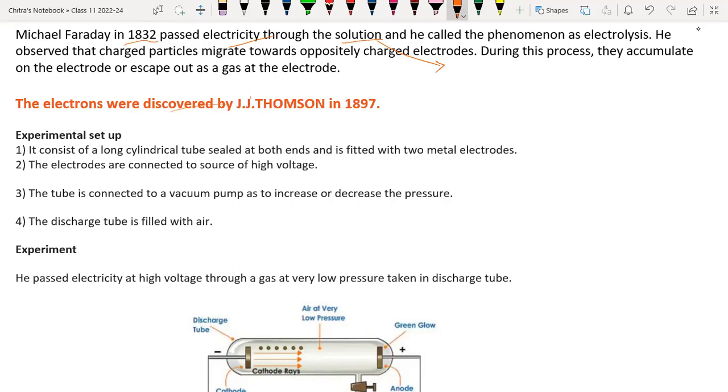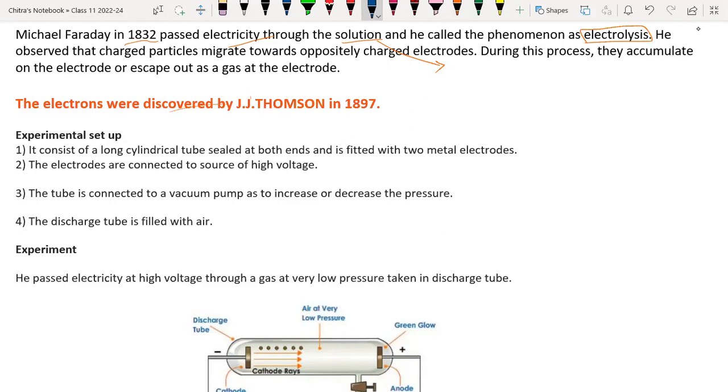And negative and positive ions are formed due to the loss and gain of electrons, as we know already. And he called the phenomenon electrolysis. So the phenomenon where electricity is passed through a solution containing ions.